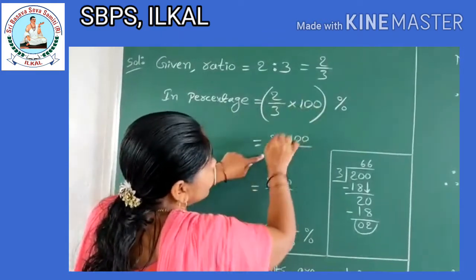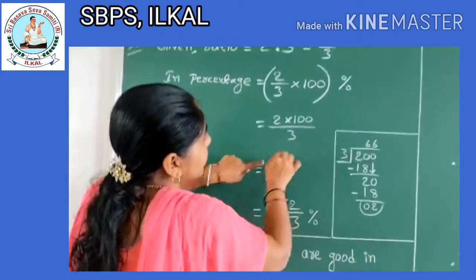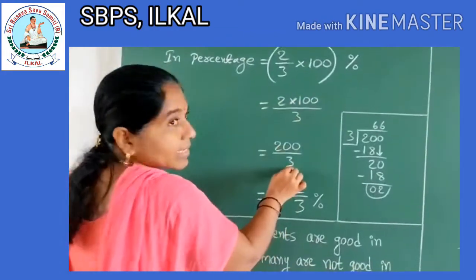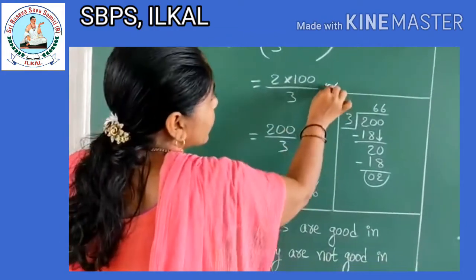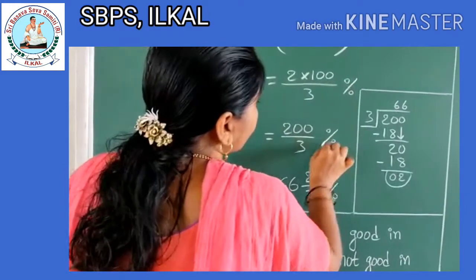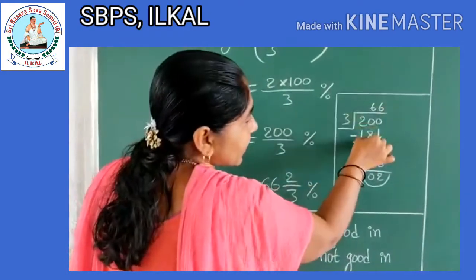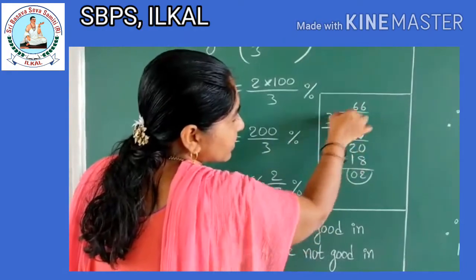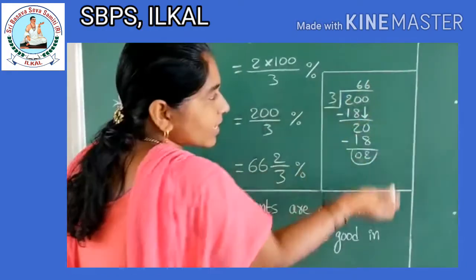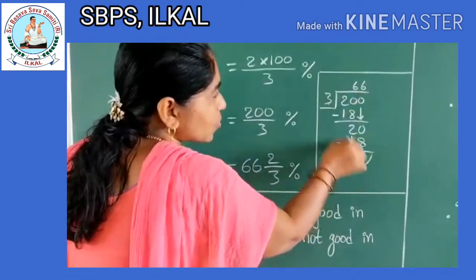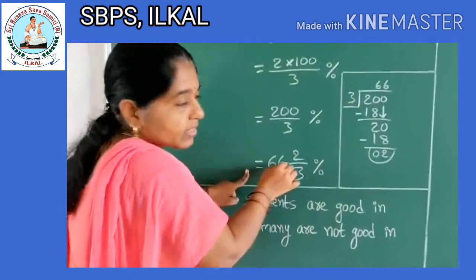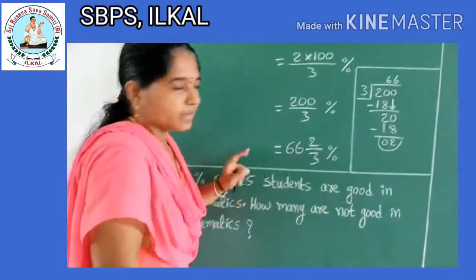Then 2 into 100 divided by 3, that is 200/3 percent. We can't strike out here. 3 sixes are 18, 2 will remain. Again 3 sixes are 18, again 2 remain. Write it as a mixed fraction: 66 2/3 %.